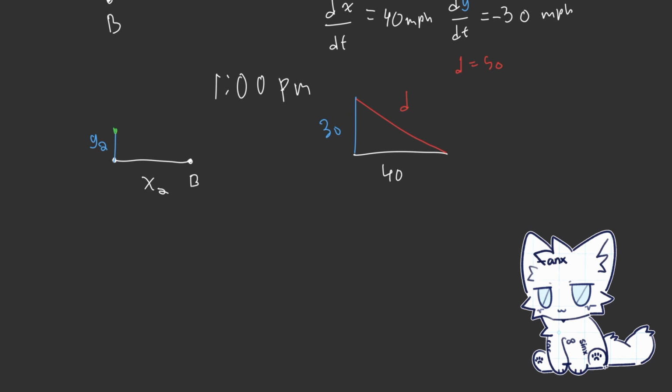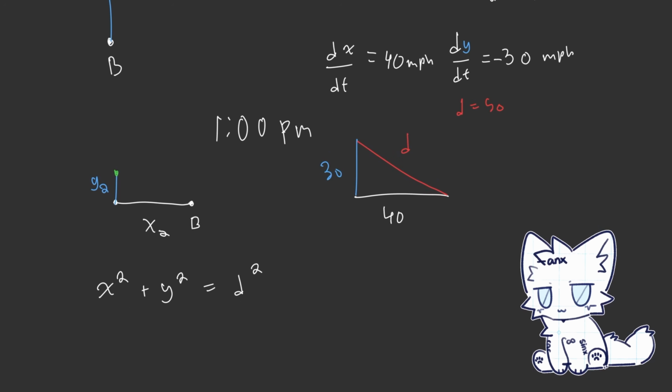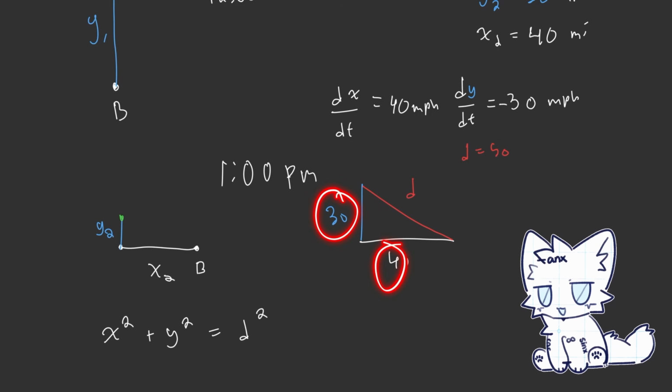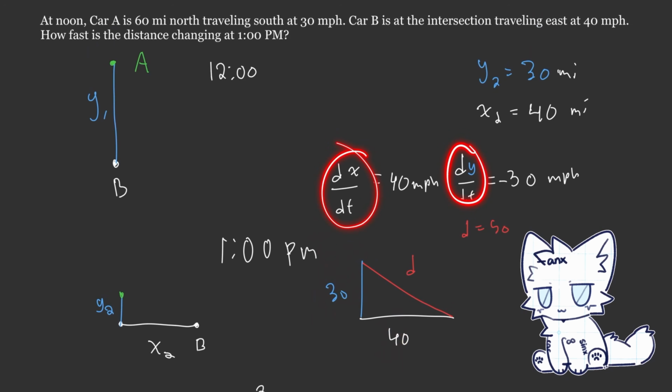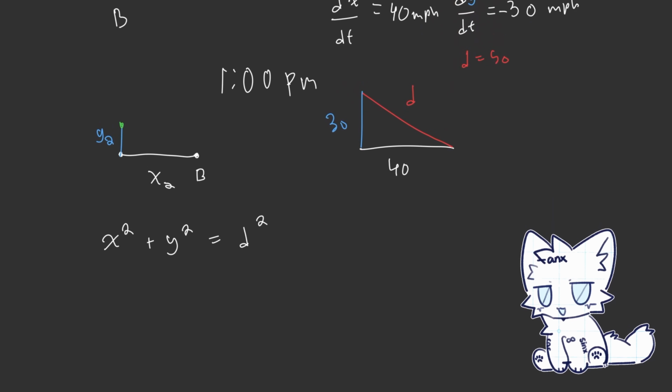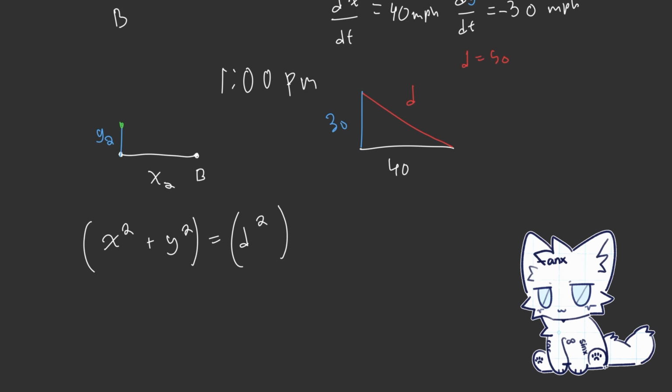We have x squared plus y squared is equal to d squared. And what we can do now is take the time derivative, because we know x and y, and we know the change with respect to time, and y and x do not depend on each other. So we can just simply take the time derivative on both sides.